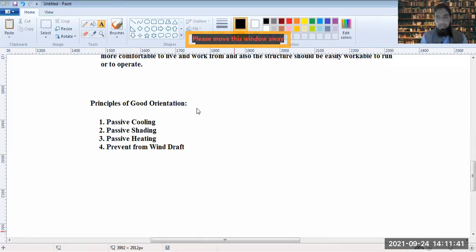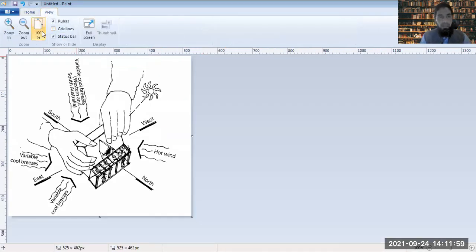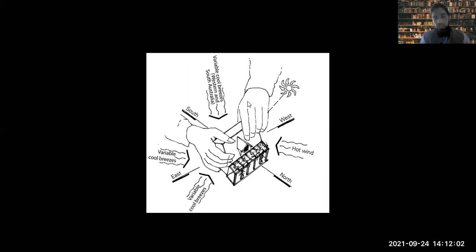Let me show you a figure. So this is a figure showing a structure, and this is the northern side of the structure, this is the western side, this is south, and this is east.